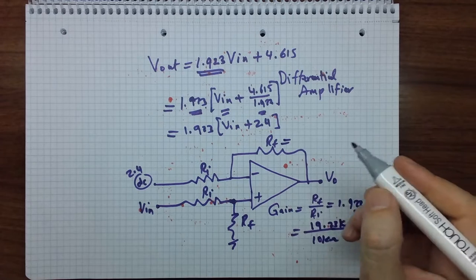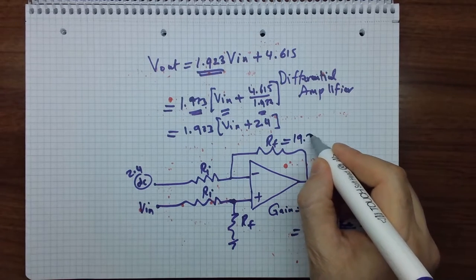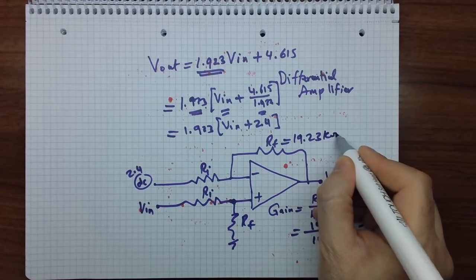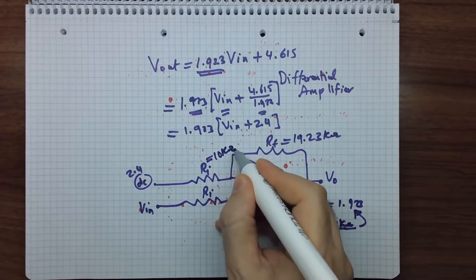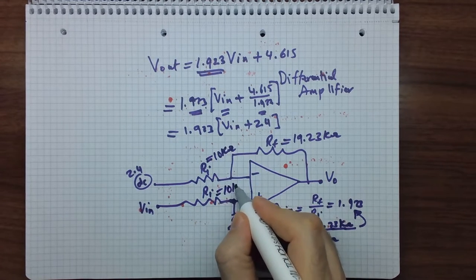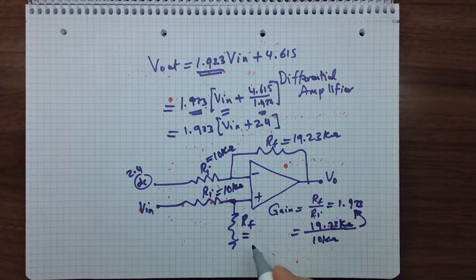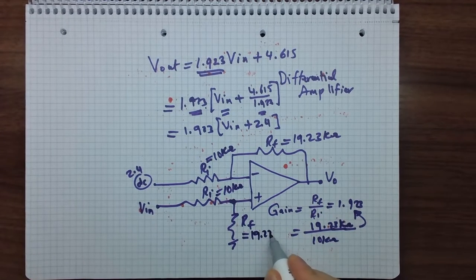Then this will be equal to 19.23 kilo ohm, and this is equal to 10 kilo ohm, and this is equal to 10 kilo ohm, and this is equal to 19.23 kilo ohm.